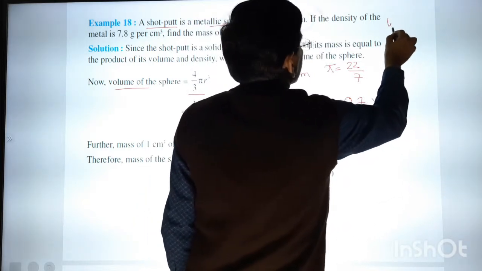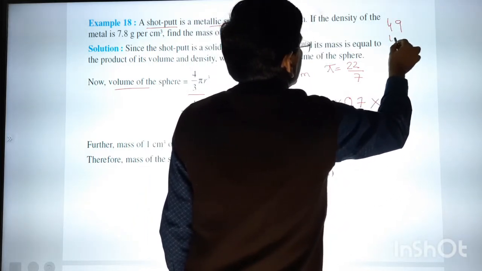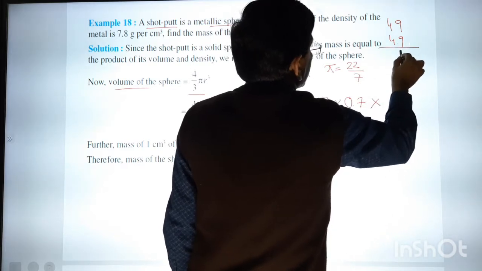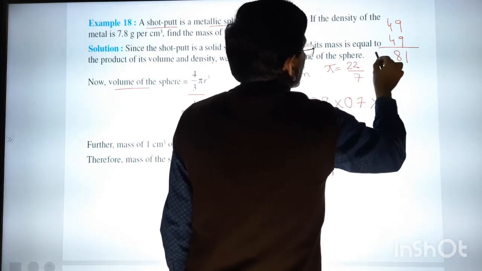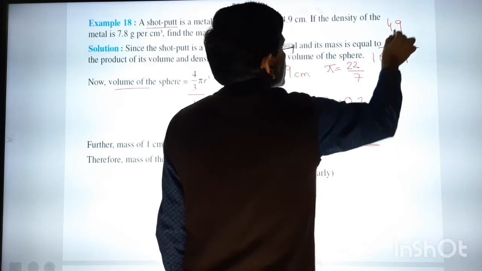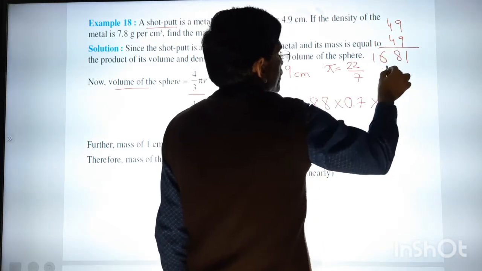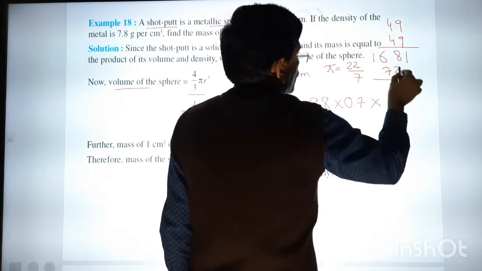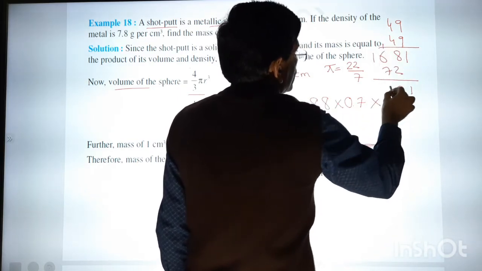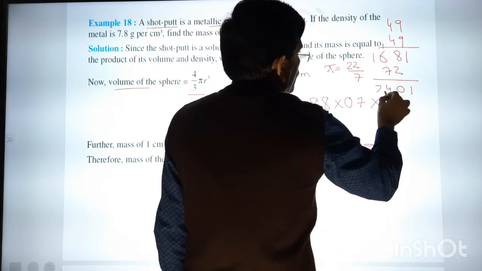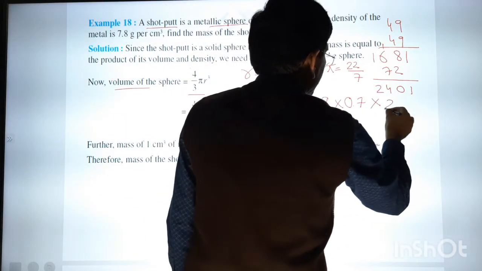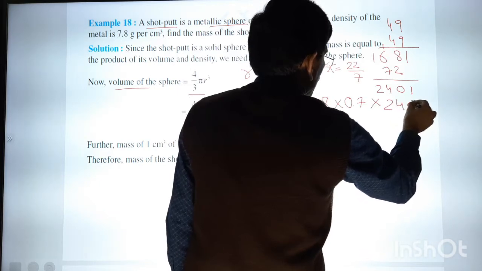We know the 49 square. 9 9s are 81. 4 4s are 16. Cross multiply 72. So 2401.